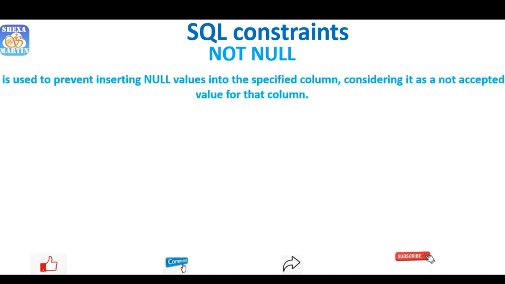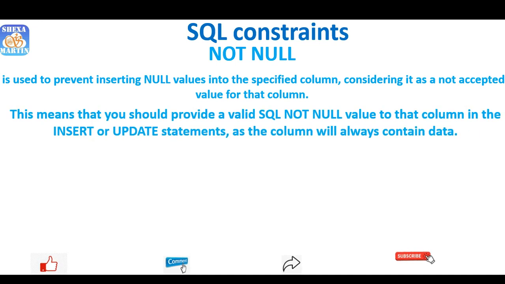So not null is used to prevent inserting null values into the specified column, considering it as a not accepted value for that column. This means that you should provide a valid value for that column in the insert or update statements, as the column will always contain data.